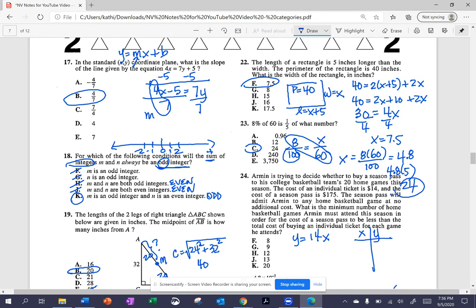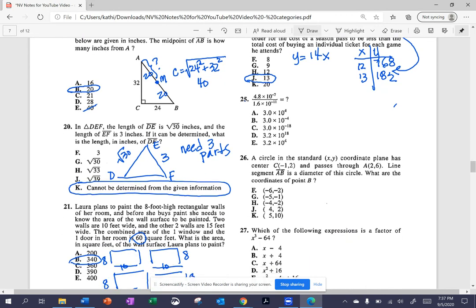So I'm looking at 12 and 13 games here. 12 games is $168. 13 games is $182. So I'm looking for 175, which is between 12 and 13 games. So for it to be a benefit, he would have to attend 13 games. Okay, let's do 25.